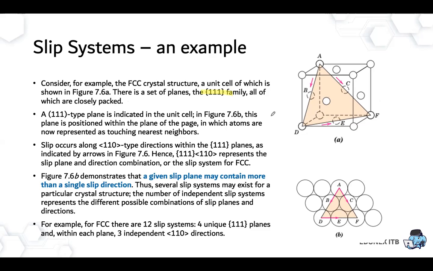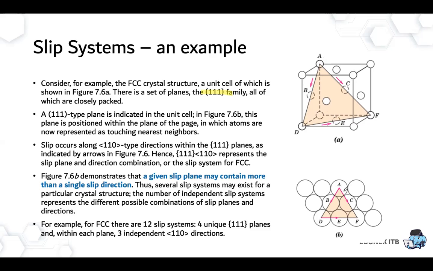How about the direction? The direction is the one where the linear density, or the atom density, is the densest. For example, we can't do 111 or 100, like this, for example. This one is not as packed as this one. If you look here, the most dense direction is in this direction.